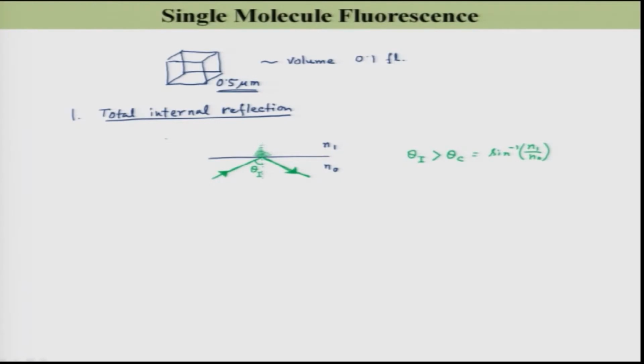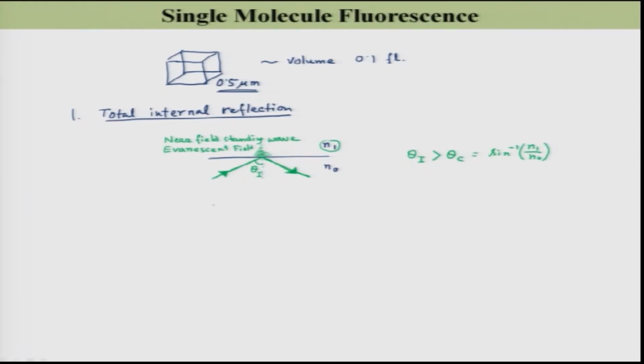Just write here: near field standing wave will be generated, which is known as the evanescent field, in the medium with refractive index n1. So you are going to get a field out of this.